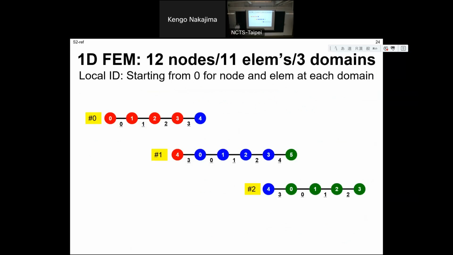Okay, so let's think about the 1D case. Okay. So you can see numbering is starting from 0 for the internal nodes. Then we number the external nodes here. And we are also applying the local numbering for each element. And we start from the elements which only include the internal nodes. Okay, then we go to these boundary elements or overlapped elements.